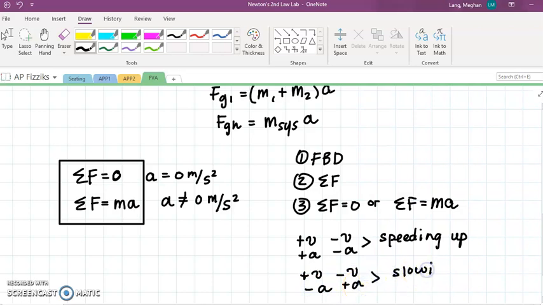So when you're using Newton's second law, or the sum of the forces is equal to ma, you have to look at your scenario, decide, am I speeding up or am I slowing down? Okay. And then if you're speeding up, you have to make sure your velocity and acceleration match, either both positive or both negative. Or if you're slowing down, you have to make sure they have opposite signs. So one positive and one negative, okay?